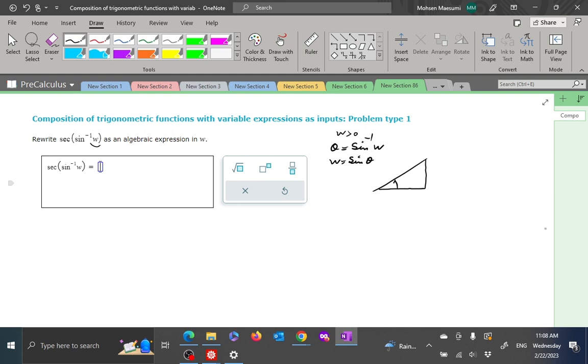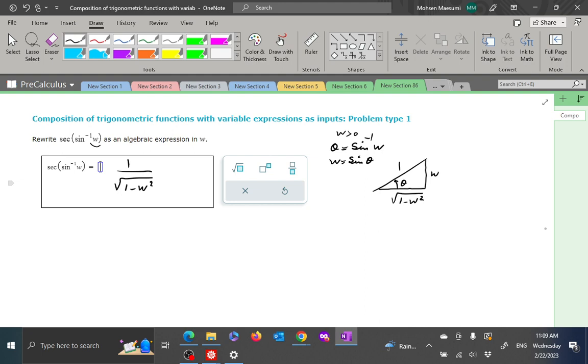So this w has to be sine of this angle theta here. Hypotenuse is 1, and the other side turns out to be radical 1 minus w squared. So what's the secant now? Secant is the ratio of the hypotenuse to the adjacent. So it's going to be 1 over radical 1 minus w squared.